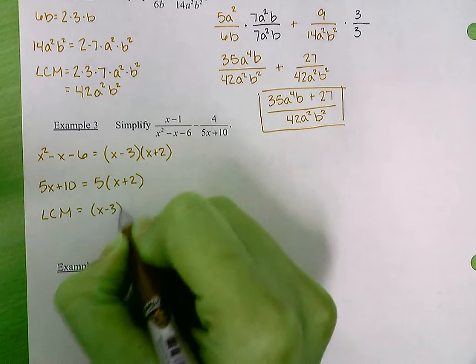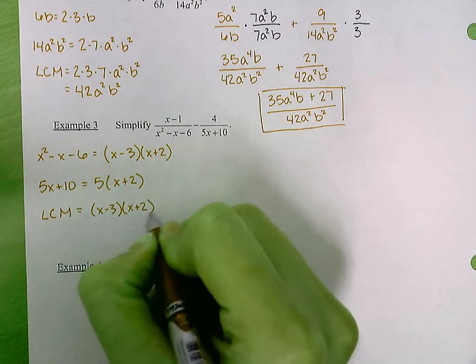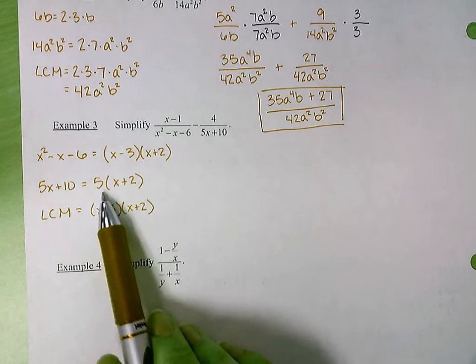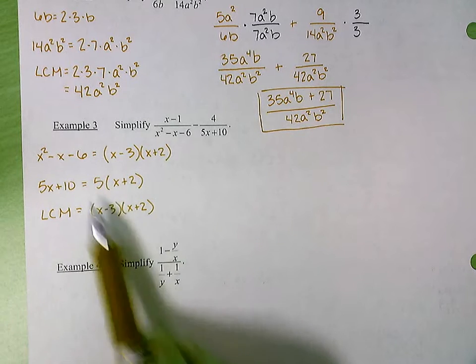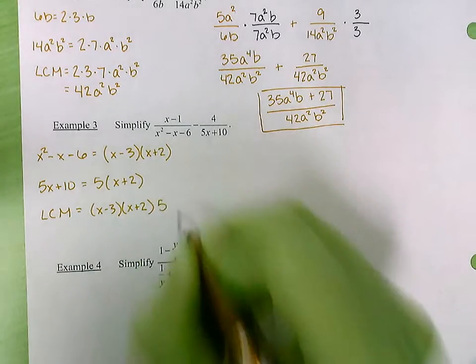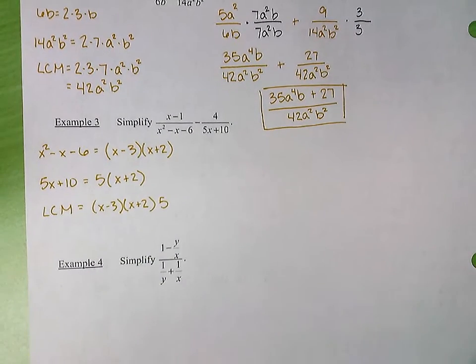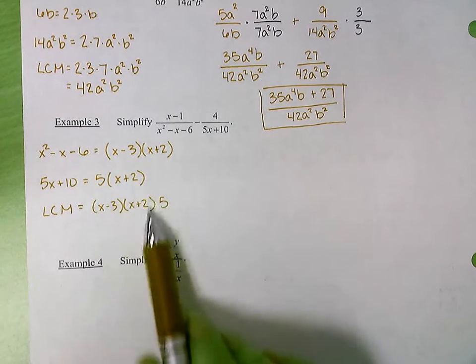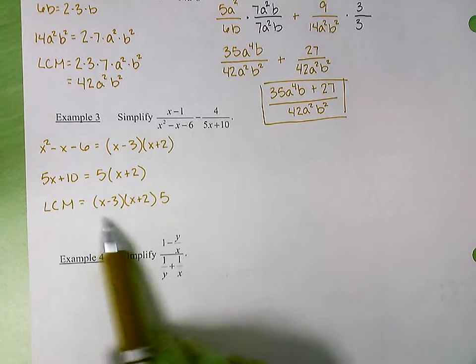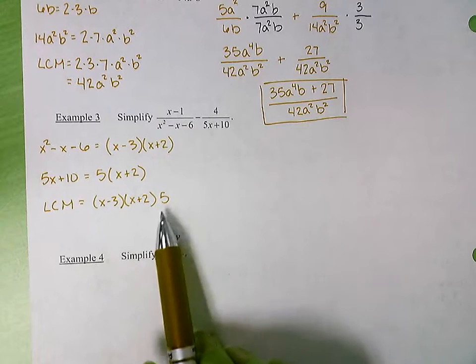So x minus 3 and x plus 2. Looking at our second term, I don't have a 5 with this, so I need to include that 5. But I do already have this x plus 2 here, so I don't need to include another one. So this would be our least common multiple.